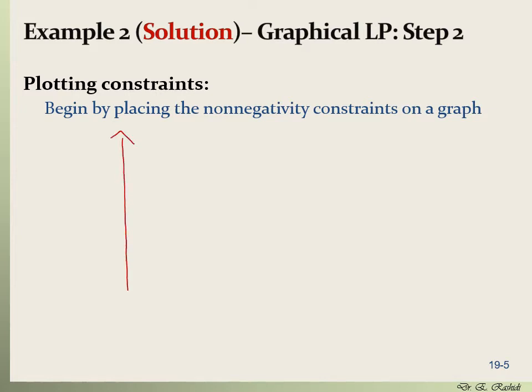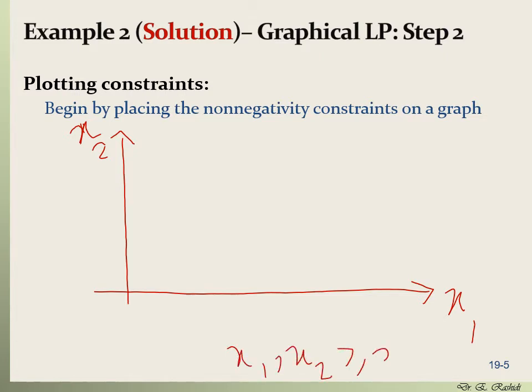Suppose this is x1, the production quantity for type 1, and this is x2, the production quantity for type 2 computers. The first constraint that we can enact here is the non-negativity constraint: x1 and x2 should be non-negative.